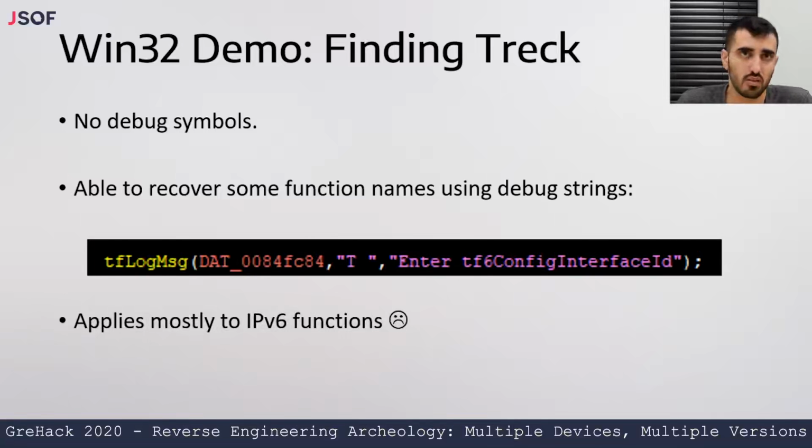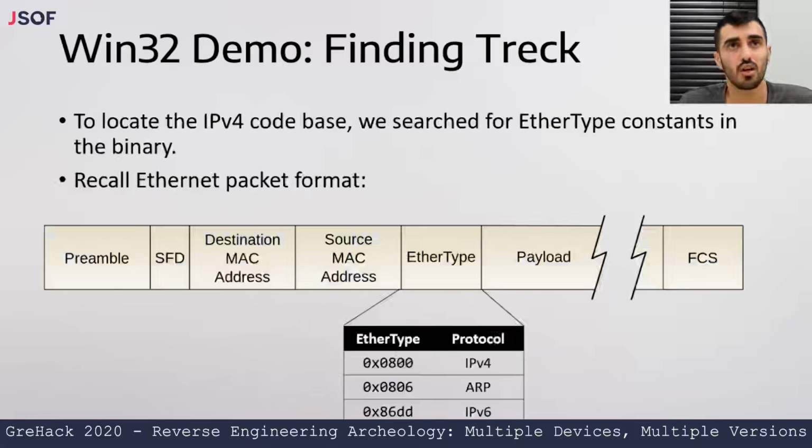In some functions, Treck logged the entry of the function and the return from the function using a log message. So we wrote a script that will change the function names, but this applies mostly to IPv6 code and not to the IPv4 code base. So we still had to find the IPv4 code base.